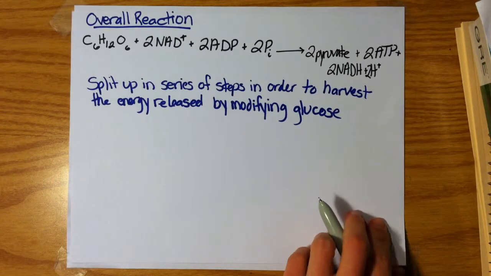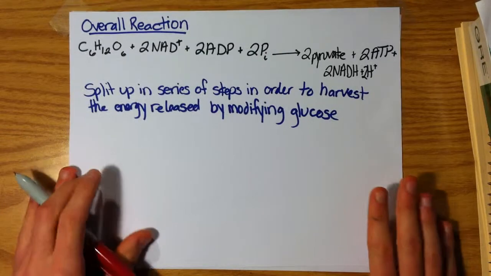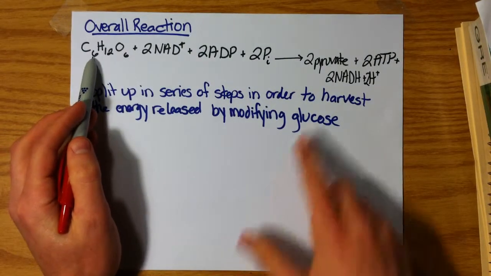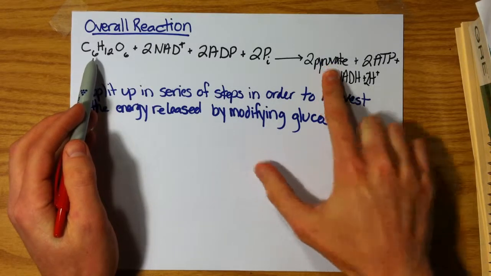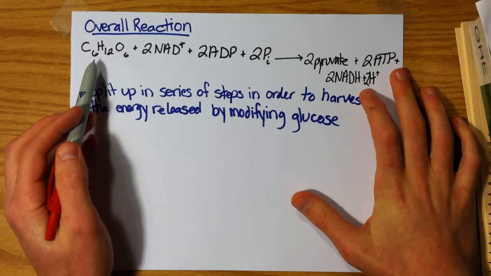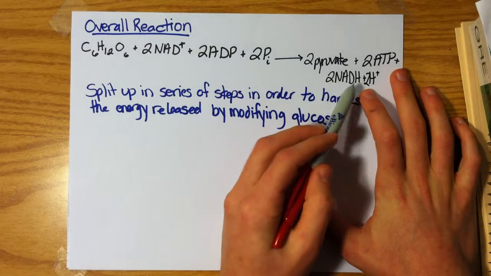So just to summarize the overall reaction we did in these 10 steps, we're converting 1 molecule of glucose into 2 molecules of pyruvate. On the way, we harvest some energy in the form of 2 ATP and a couple of electron carriers, NADH.